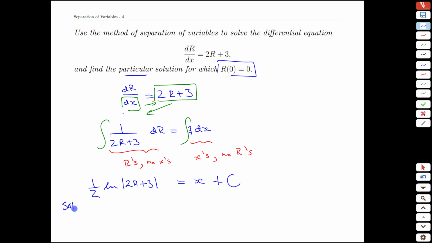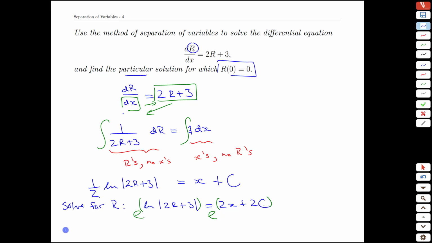Now our goal is to solve for the solution we want. This equation has r as the unknown, so that's what we're focusing on solving for. Bring the half up, we'll have ln of |2r plus 3| equals 2x plus 2c. We want to hone in on the r again, so we'll take e to the base of that entire expression, e to this entire expression here as well.